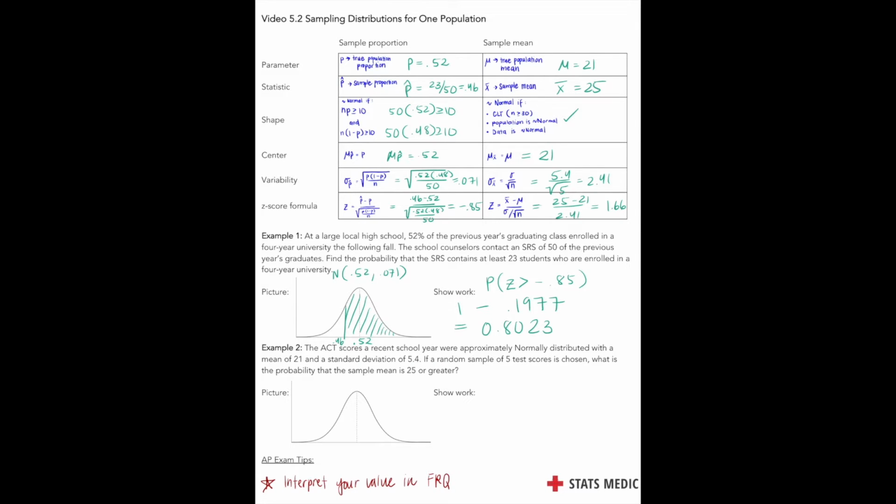So I'm going to put P of z, or the probability that our z-score is greater than 1.66, is going to be the same as 1 minus 0.9515, which eventually equals 0.0485. And then I'm going to put 21 in the middle, and I'm shading anything greater than 25, and then labeling my graph.